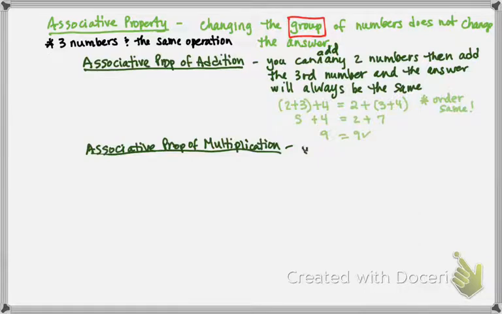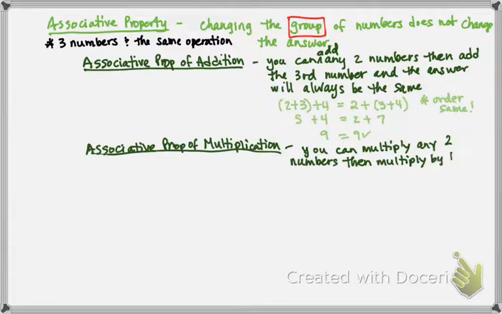So for this one, you can multiply any two numbers, then multiply by the third number. So again, we only have three numbers in these. And the answer will be the same.